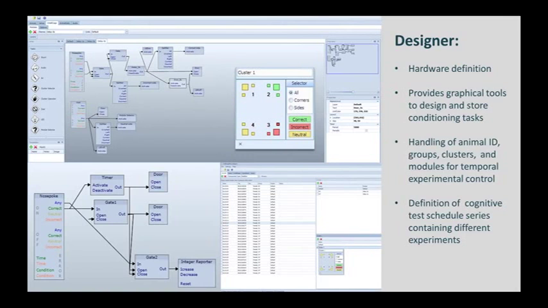Animals can be assigned to groups or clusters in which correct or incorrect corner visits or nose pokes can be defined. Important: series of different experiments can be programmed to create automated cognitive test batteries without any human interference.